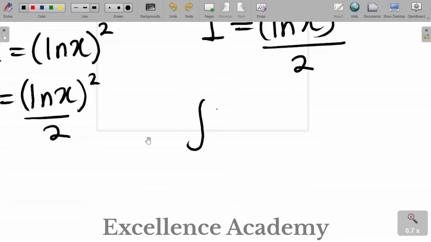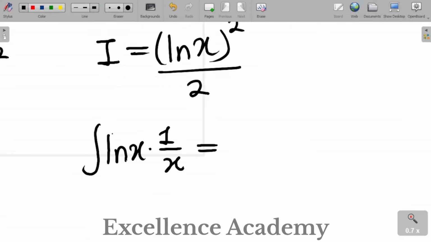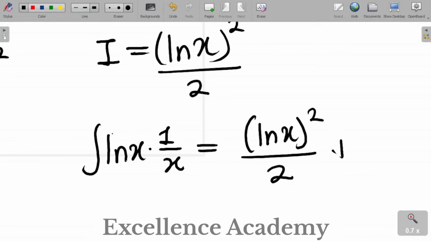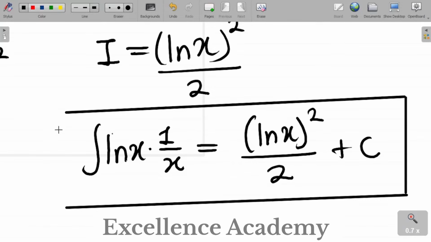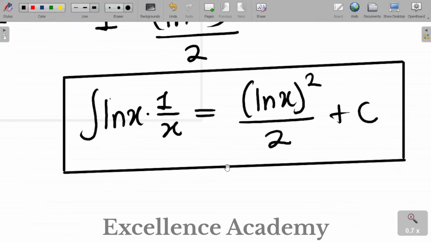The integral of ln x dot 1 over x, which was our initial question, is equal to ln x all squared all over 2, of course plus c, your constant of integration. So basically, this becomes the answer to that question, and this is how we solve it. Let's move on to the next question.